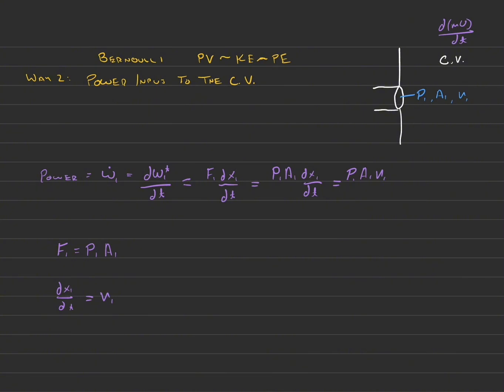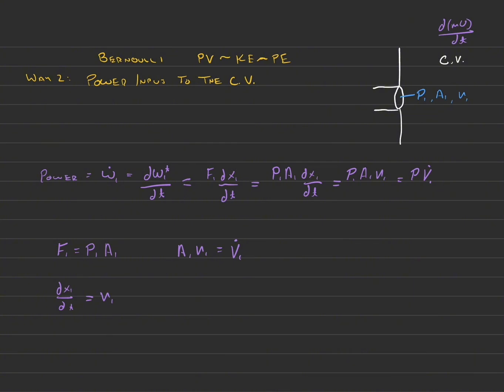Now we know, from just logic, that the area times the velocity is equal to the volumetric flow rate. So finally we're at PV, but not quite the PV we need. What we can do is pretty straightforward to get it into the V terms that we need. Again, we want V in specific terms.